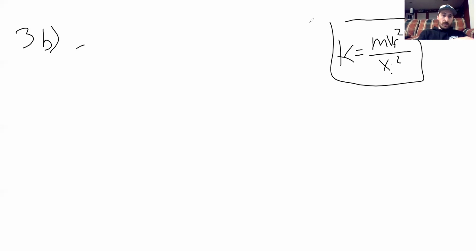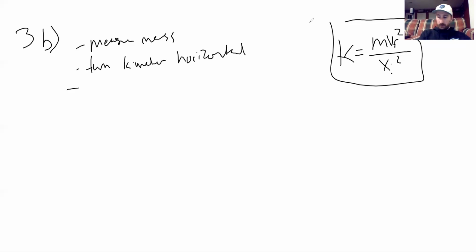So the first thing we should do is measure the mass of the sphere. In quantity measured, just say mass of sphere, symbol for quantity M, and the equipment you need would be an electronic balance. I don't have room for a chart, so just write that down. Then we're going to turn the launcher horizontal.